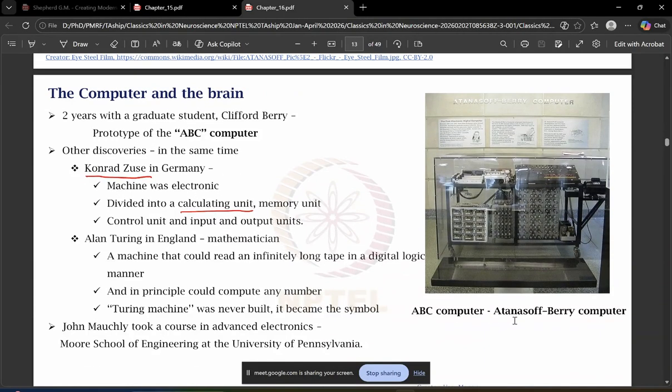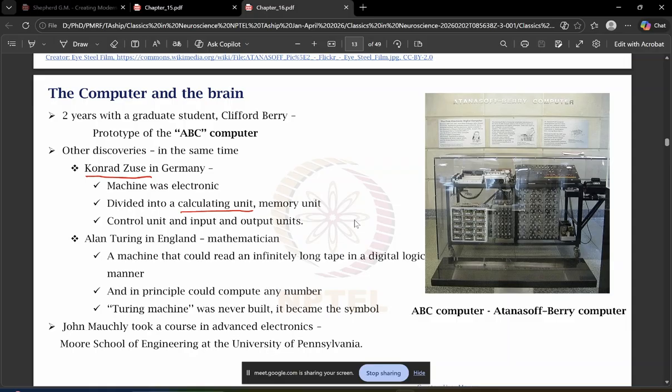So this computer was called the Atanasoff Berry computer, or the ABC computer. So this is a replica of the Atanasoff Berry computer that Clifford Berry and John Atanasoff made. He spent almost 2 years to come up with this prototype.